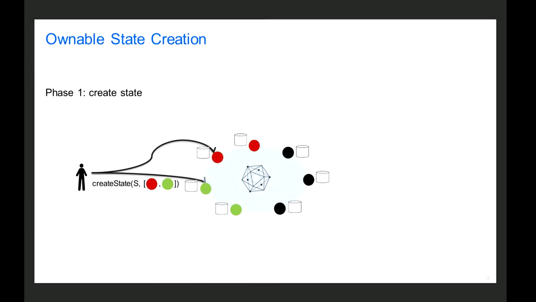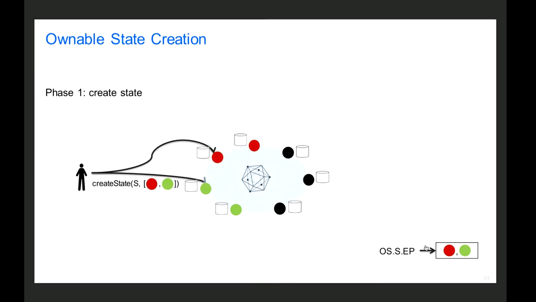When we create an ownable state, what we need to define first is the identifier of the ownable state, which in this case would be S, and then the organizations that we want to be owners of this ownable state. So what we first do is we set the endorsement policy of the ownable state.